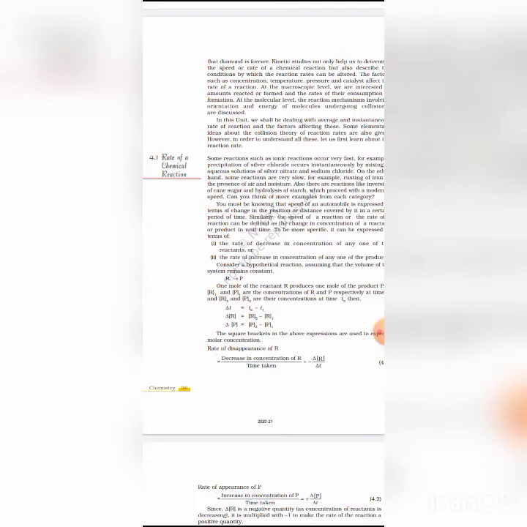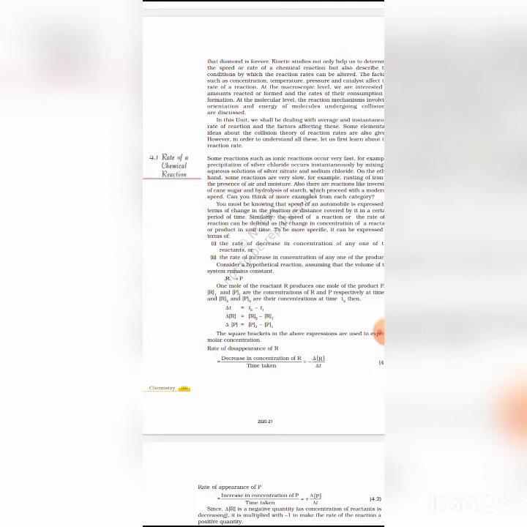So the rate of reaction may be expressed as the decrease in concentration of R by time taken, or the increase in concentration of P, that is product, per time taken. So rate of reaction is del P by del T, or minus del R by del T.